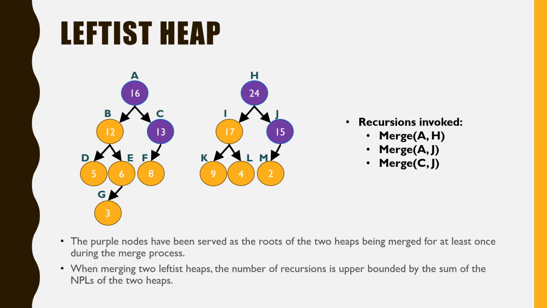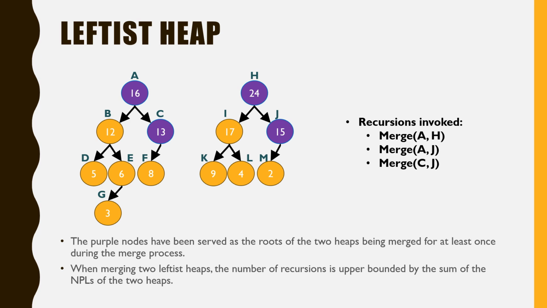Also, observe that at each recursion level, one of the two parameters of the merge function is replaced by its right child. This means that the number of recursive calls is bounded by the total number of rightmost nodes in the two heaps.